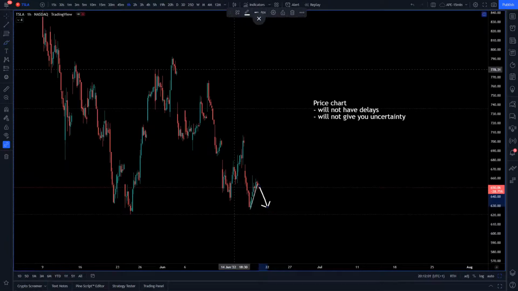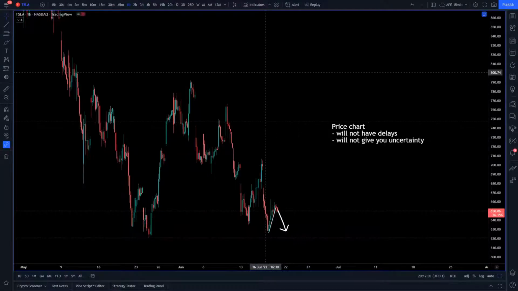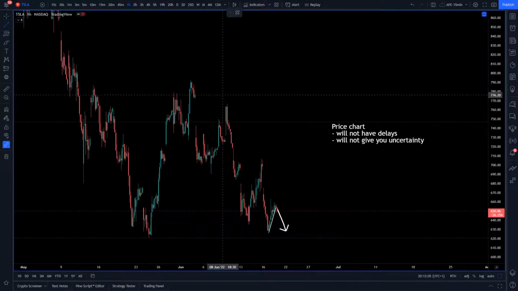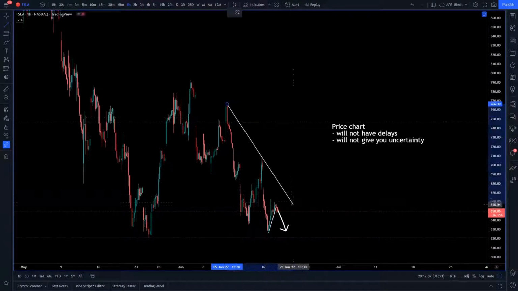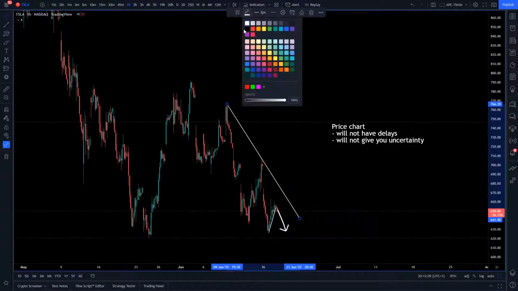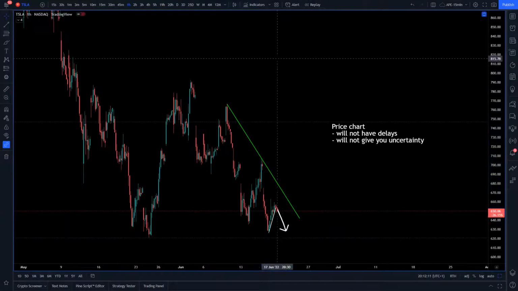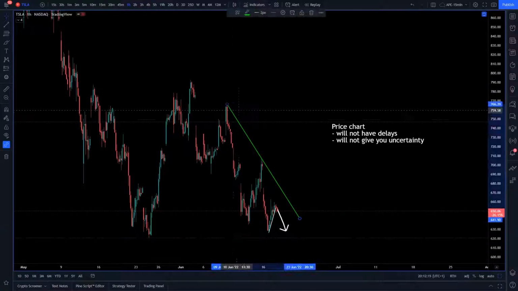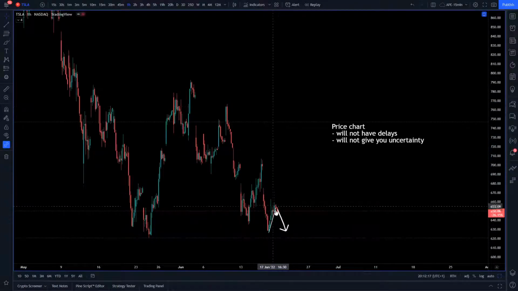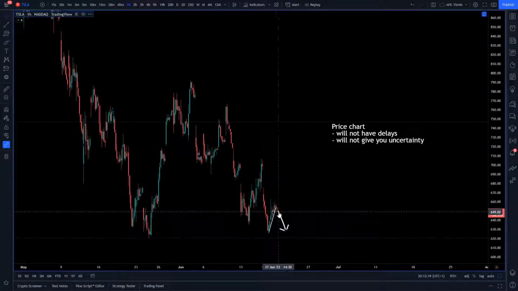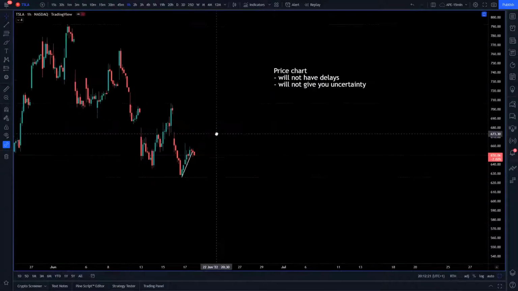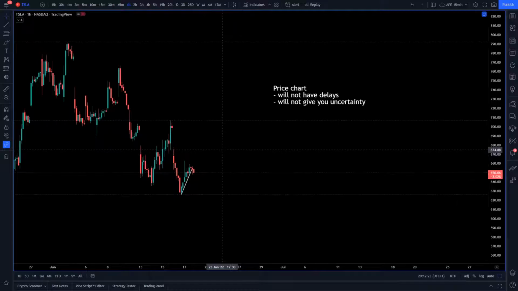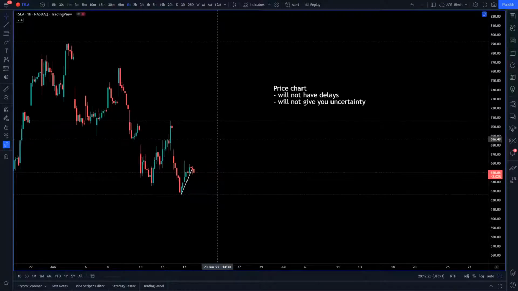Then we have to look at another layer of the market. You see, there are many layers of the market, and we can trade it just by looking at this naked price action.